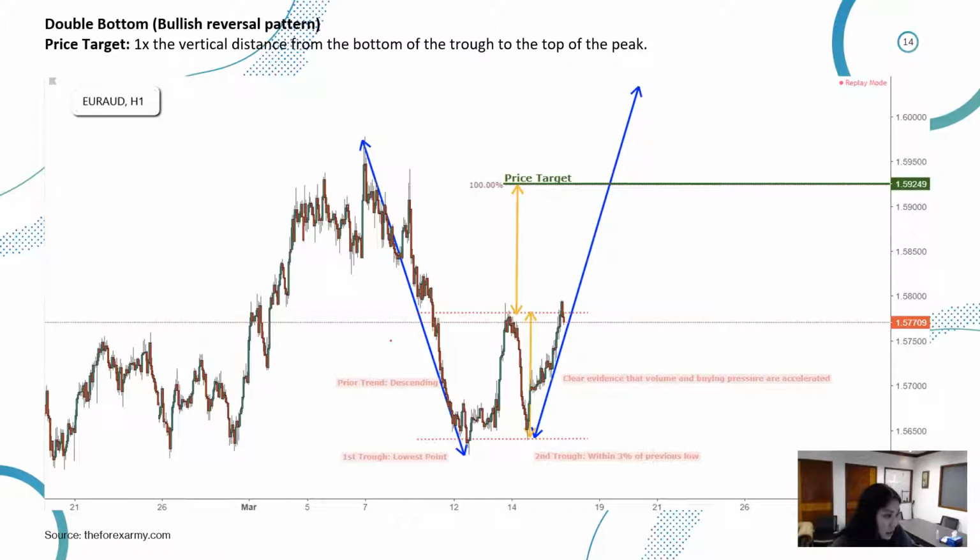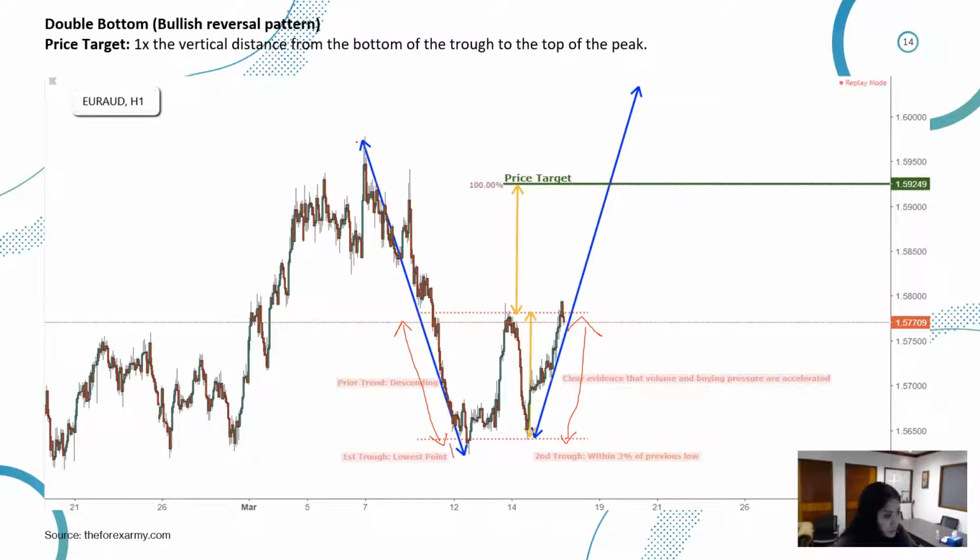The distance from this area to this area, and the distance from this area to this area, is the same distance. So it meets one of the factors: the length for the first bottom, the first low, and the second bottom, the second low, is the same distance, so it meets the first criteria.